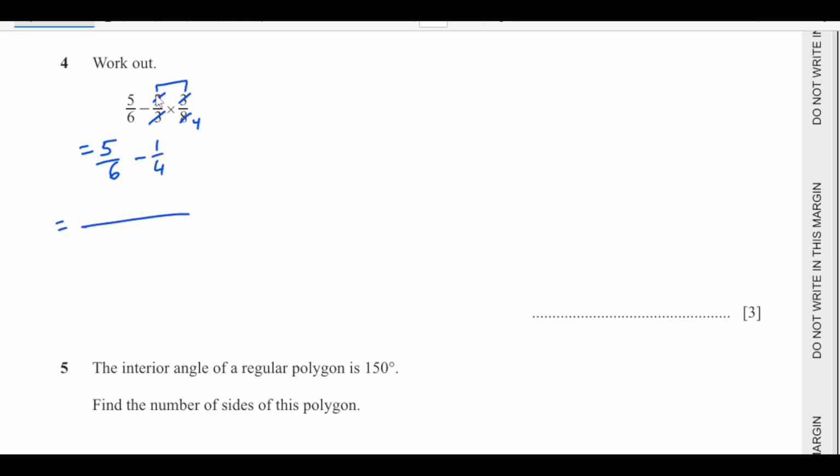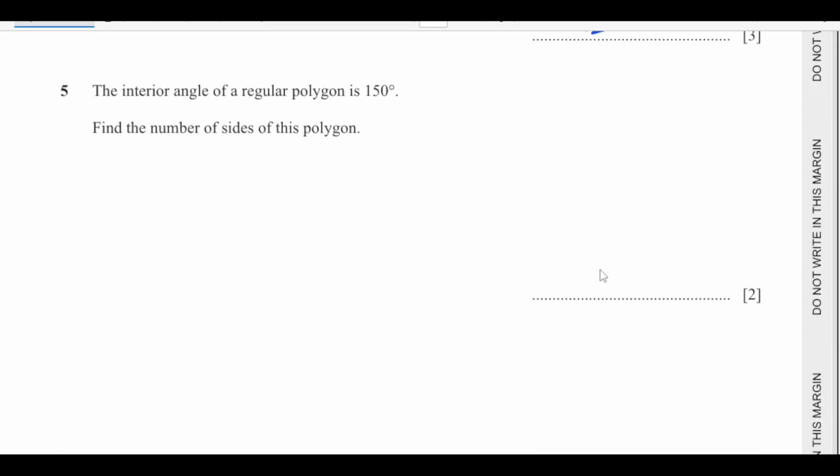Then LCM is 24, 6 times 4 is 24, 5 times 4 is 20, minus 6. It's 14 over 24, 2 times 7 over 12, just to simplify this one, right.